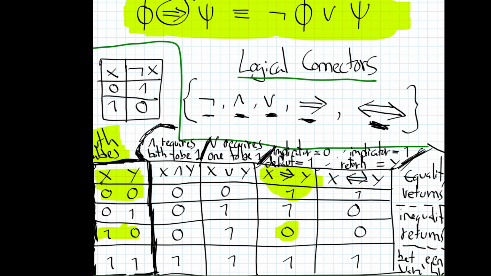We've arrived at this by negating x, but now we want to perform the disjunction after the negation. So we remain on this row, but we go to the disjunction column, and we see that x disjunction y is 1. If we compare the first result and the result we get in the disjunction after the negation, we'll see it's the same exact result.